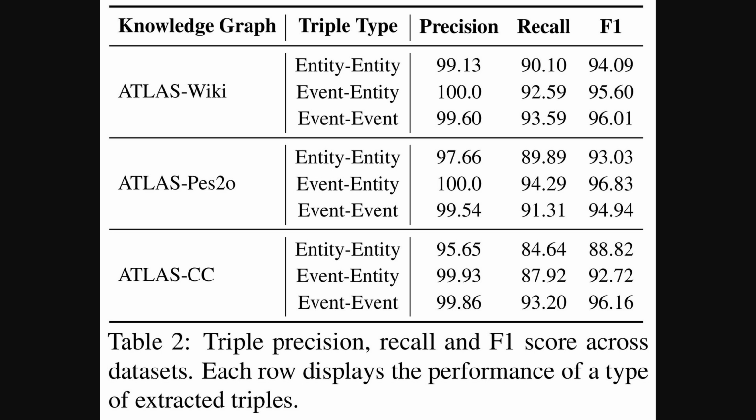The results are really strong, with F1 scores consistently above 90%. In fact, for event-related triples, the precision is nearly 100%, meaning almost every single event-based fact it extracted was correct. This high accuracy is crucial for building a reliable knowledge base.